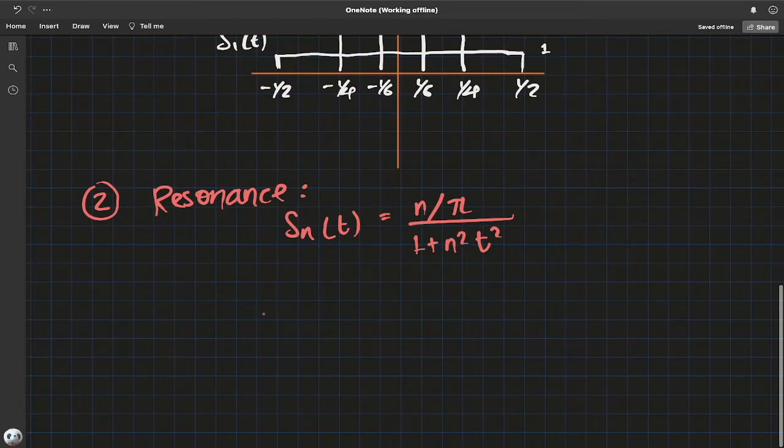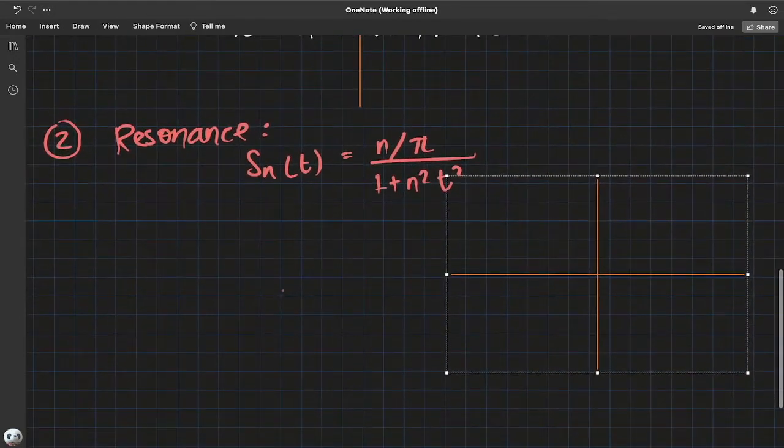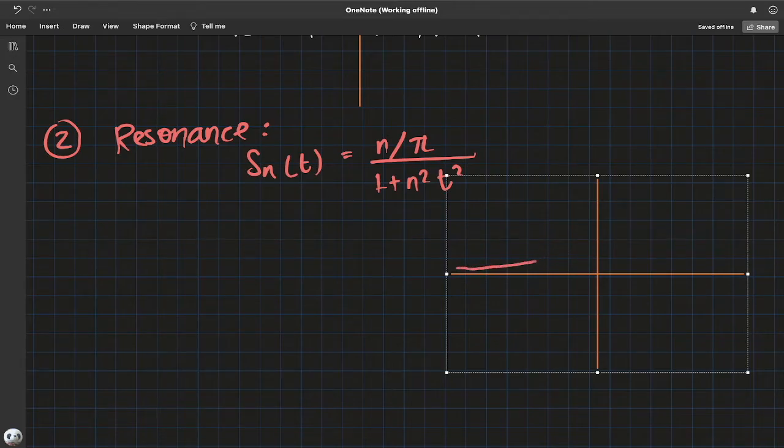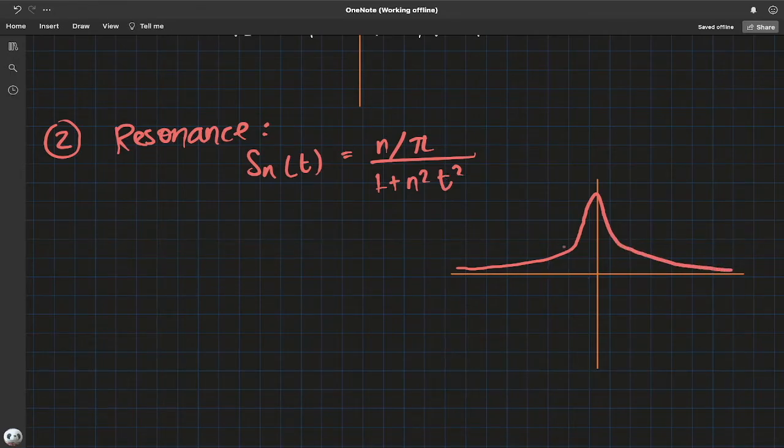And the graph of this, let me try to sketch something here. It's going to kind of look like this. This is the t-axis, I didn't specify that. This is delta sub n of t. At the t equals 0 point, the value is n over pi.